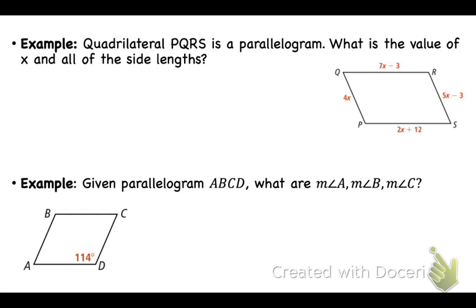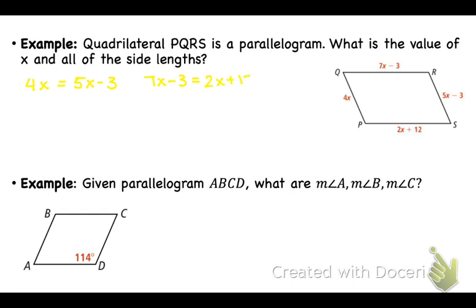What do we know about the sides, guys? They're congruent, yes, but they're not all congruent. So 4x equals 5x minus 3. Or 7x minus 3 equals 2x plus 12.